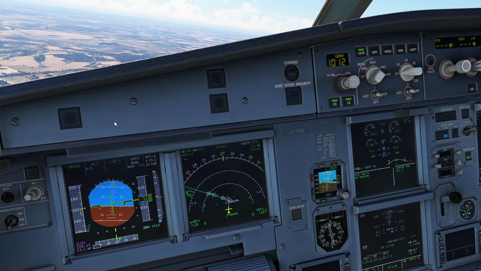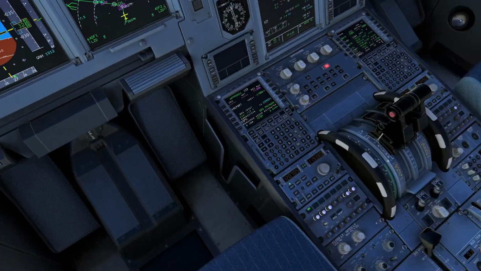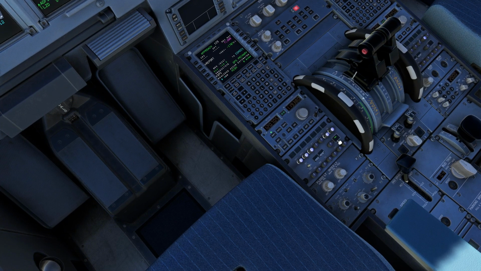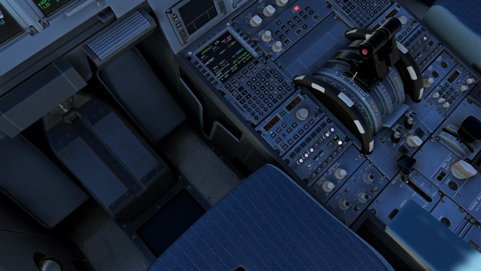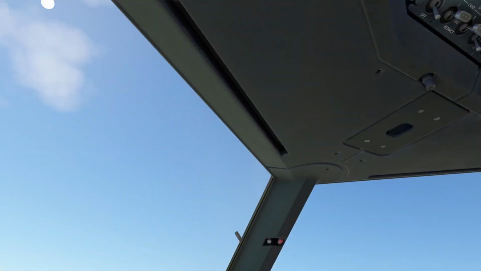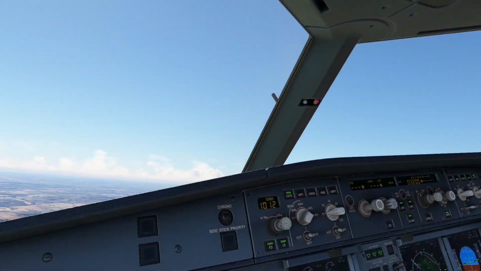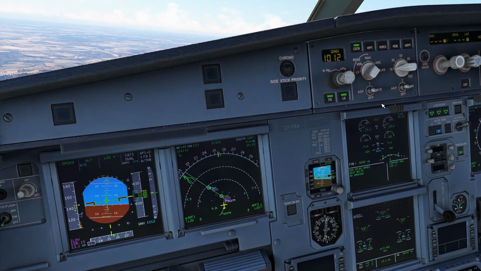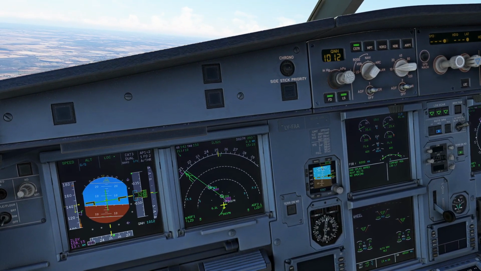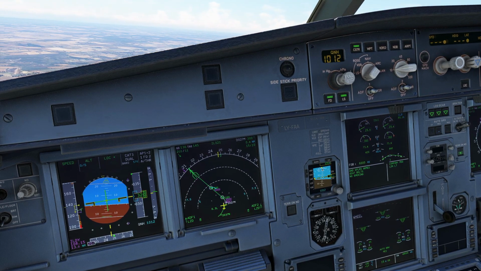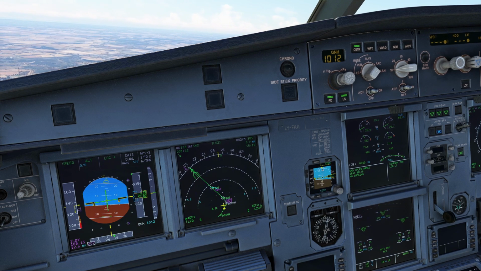And gear down, speed check, gear down. Cabin crew, prepare for landing. Flaps 3, speed check, flaps 3. And flaps full, speed check, flaps full.